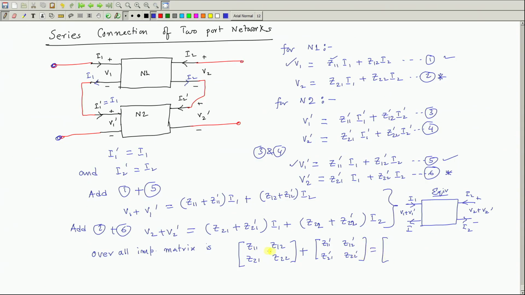Then only you will get term by term addition. These elements will be Z11 plus Z11 dashed, this element Z12 plus Z12 dashed, this Z21 plus Z21 dashed, and this Z22 plus Z22 dashed. Got the point?